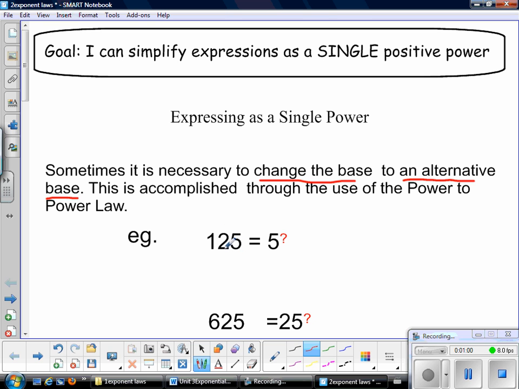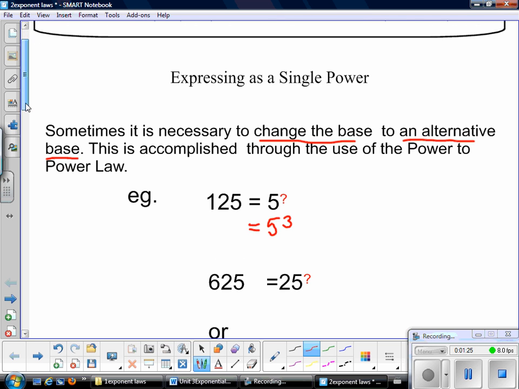Now, obviously I can't change it to the base of 2. However, I could change it to a base of 5 because when I do that, what I'm actually processing is that's the same as 5 to the power of 3. So 5 to the power of 3 is 125. So I could change this base to 5 to the power of 3.